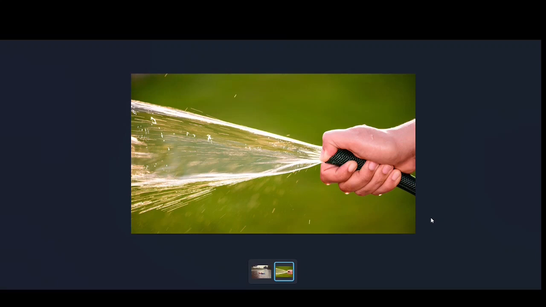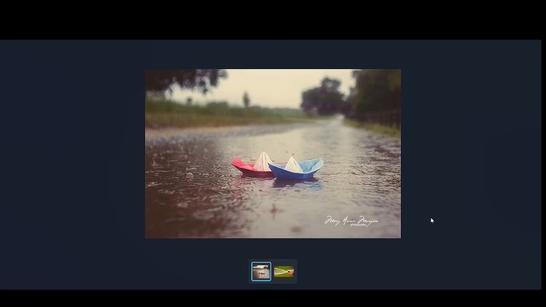One more observation I would like to discuss, which is related to what we just talked about, is this: we all play in our childhoods with paper boats.